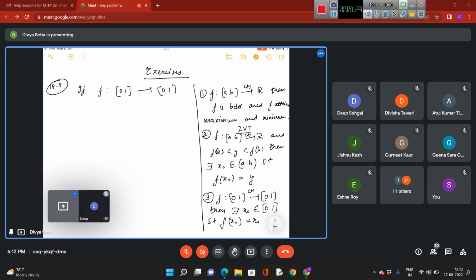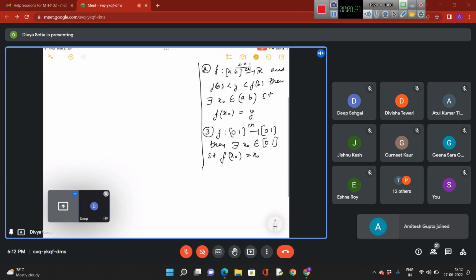And then the last part that we have is the last theorem, the converse of intermediate value theorem, a partial converse, not the whole converse.